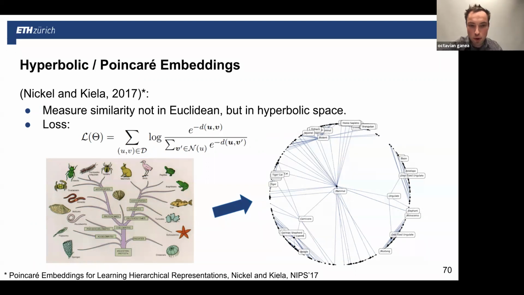They take the WordNet hierarchical structure, let's say here just the mammal subtree, and they embed it in the space such that the hyperbolic distance between two concepts U and V is small if they are connected in the transitive closure of this tree, and it's far if they are not, right? So this log likelihood loss function is capturing exactly that.